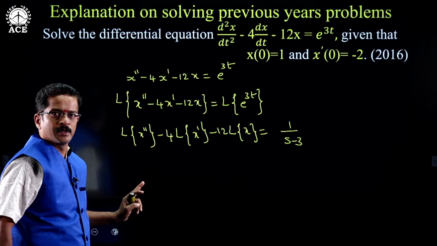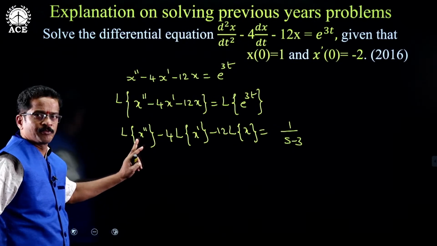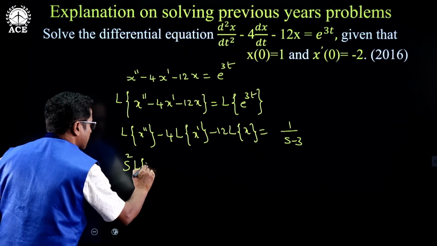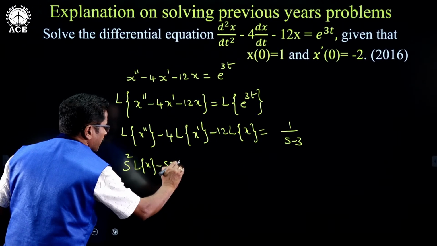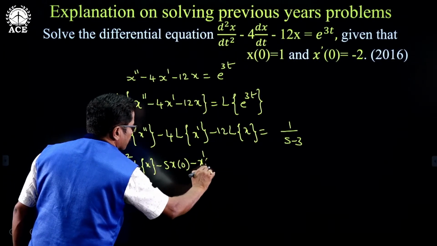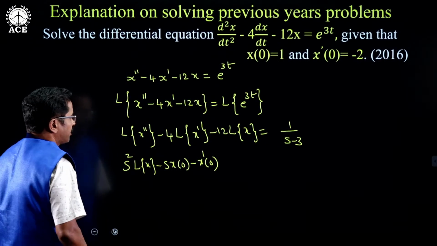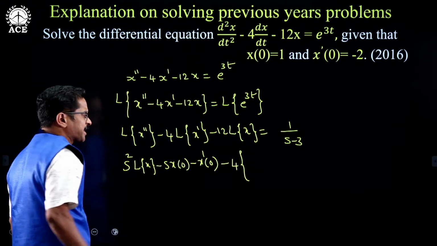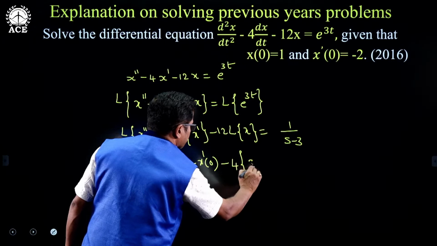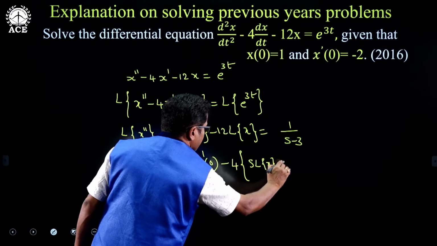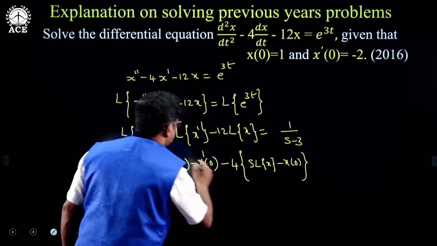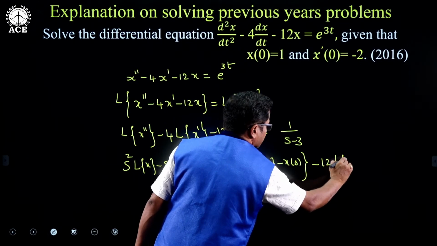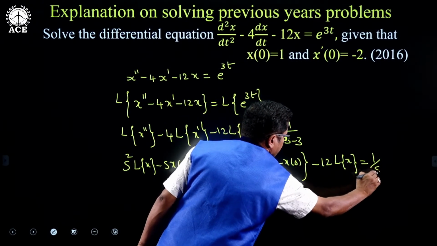Laplace transform of second derivative is s square into L of x minus s into x of 0 minus x dash of 0. This is L of x double dash, minus 4 into L of x dash, s into L of x minus x of 0, this is L of x dash, minus 12 into L of x is equal to 1 by s minus 3.